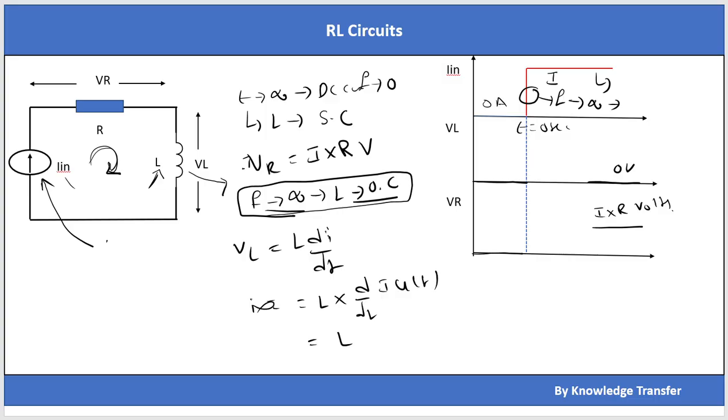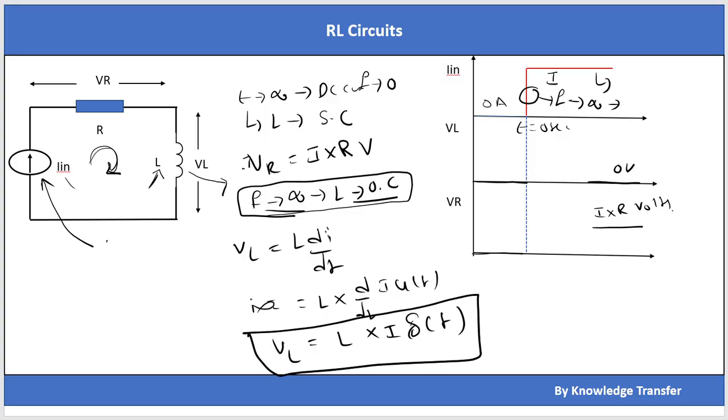So there should be L into I into d by dt of u of t, which is equal to delta of t. That means if I apply an impulse voltage across the inductor, then the inductor allows the step current. That is the only way the current source can continuously pump current I at t is equal to 0 seconds.